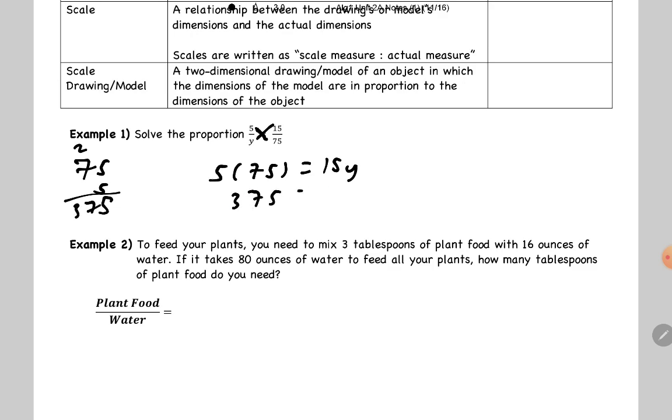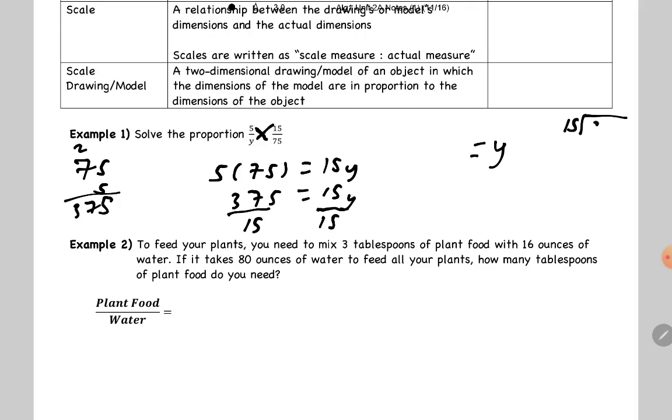375 equals 15y. And then to get y by itself, remember, since it's being multiplied by 15, we're going to divide by 15 on both sides, and we'll get y equals 375 divided by 15.